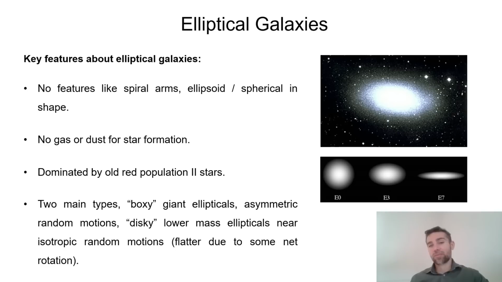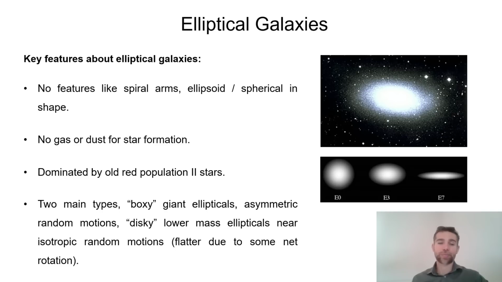They've got asymmetric random motions. What that means is the motions of the stars are more random. They don't really have a net rotation. Now they can, but they have more velocity dispersion than a spiral galaxy in relation to their rotation. So the motions of the stars are more randomized.